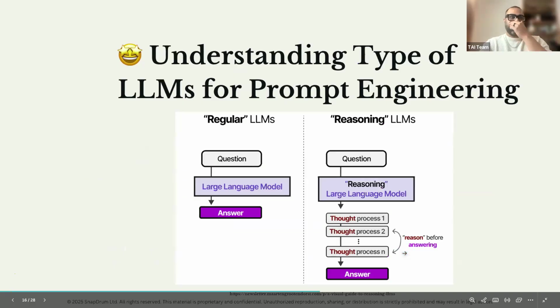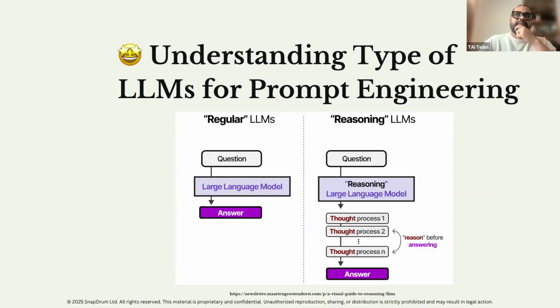So yeah, I think the next thing is to understand the two types of LLMs, like you guys have seen these a lot. There are the traditional LLMs, where you just ask something and you get an answer, like the initial ChatGPT models.